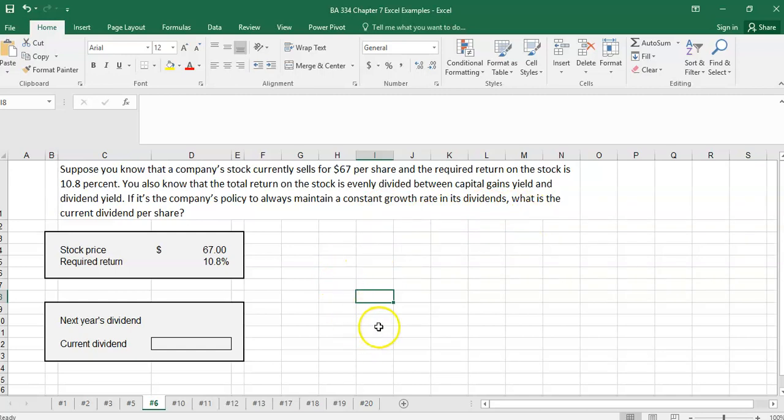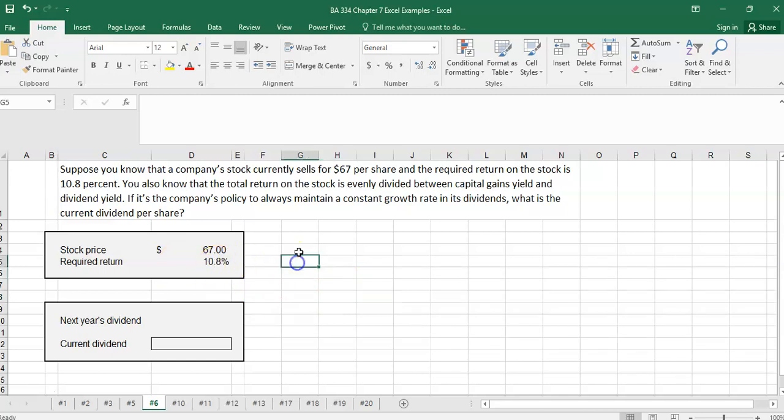So knowing the constant growth rate, we can use the growth model to calculate this. What we need to know about our dividend yield then is that it is half of the required rate of return.